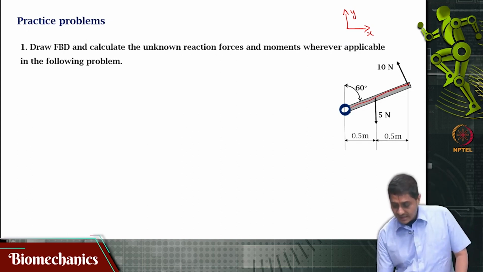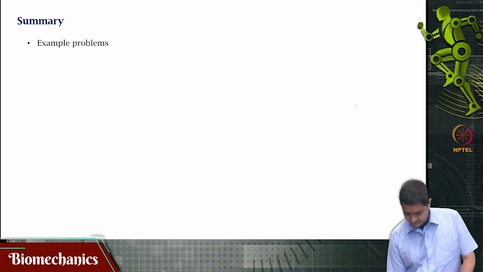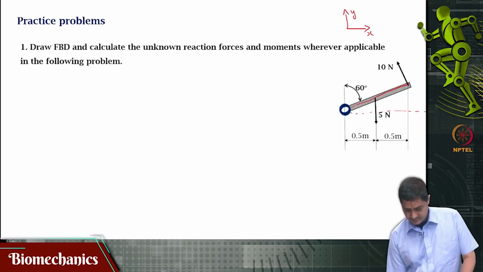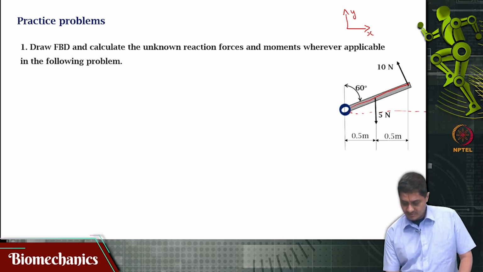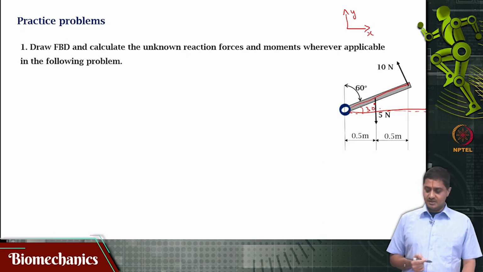Because the bar itself is inclined at an angle of 30 degrees to the horizontal, or it is 60 degrees from the vertical. Because of this reason, the 10 Newton force that is applied on this bar will have two components, one along the x axis and one along the y axis. Okay.